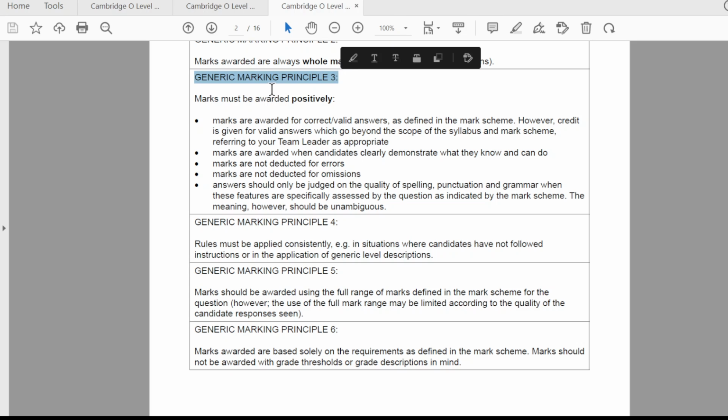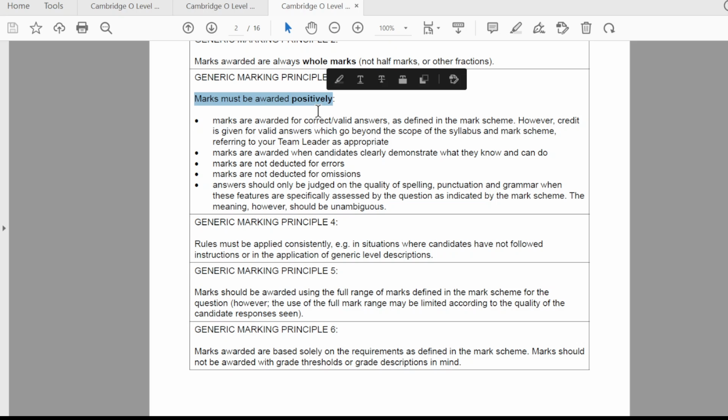Thirdly, marks are always awarded positively, right? So there was a student of mine who was concerned, someone mentioned that negative marking has been introduced in Cambridge from 2024.